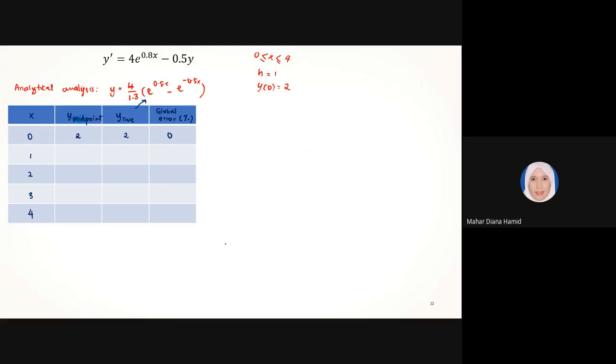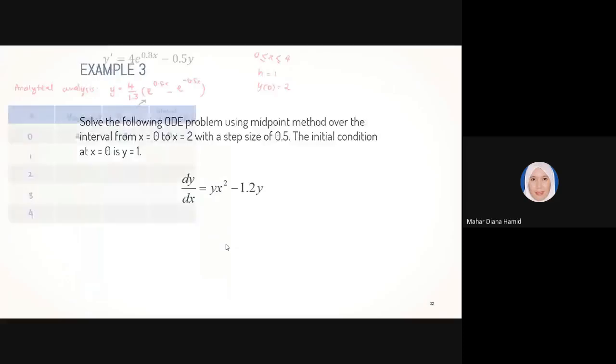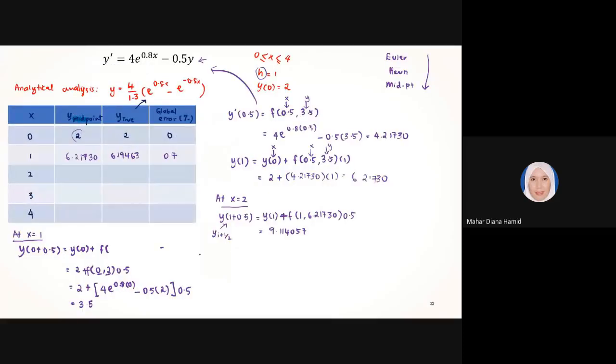The second equation, by referring to this, would be the determination of the slope at the middle of the interval. Sorry, so this is 1.5, 1.11.